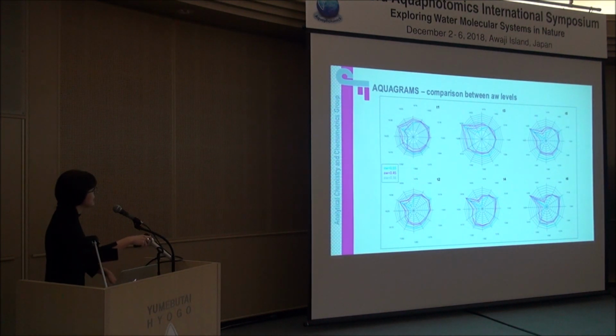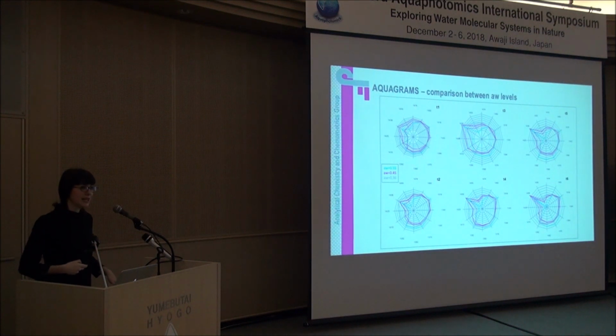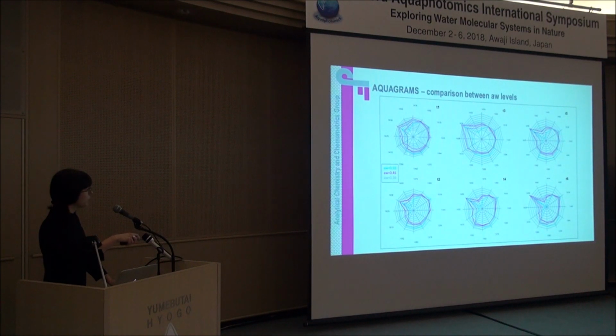You can see the light blue line. The light blue line is the higher level of water activity. And we underline here a shape of this line. And this shape becomes even more marked along the time.